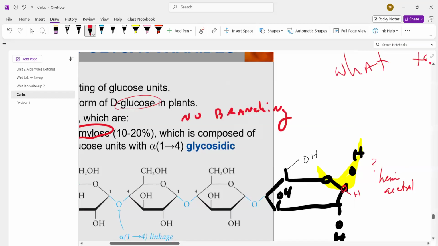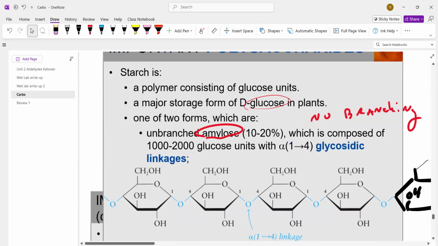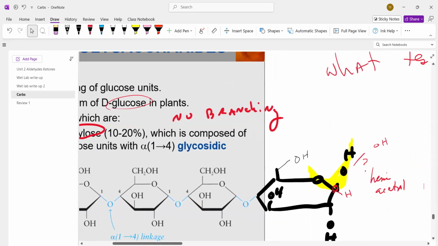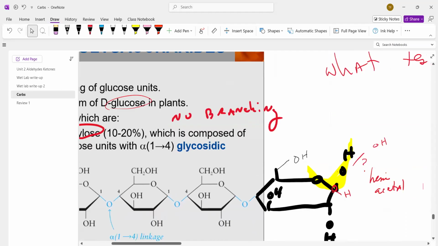Hydrogen is present, OH is present, so it's a hemiacetal. So, question: is this a reducing sugar or not? The answer is yes. Why? Because the terminal monomer is a hemiacetal.